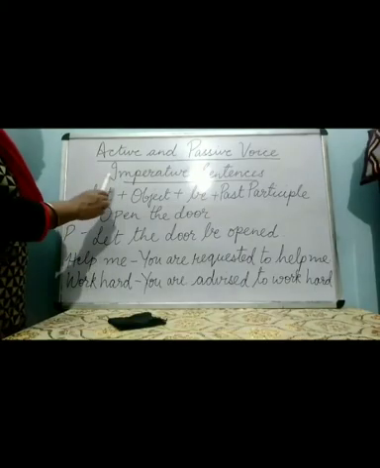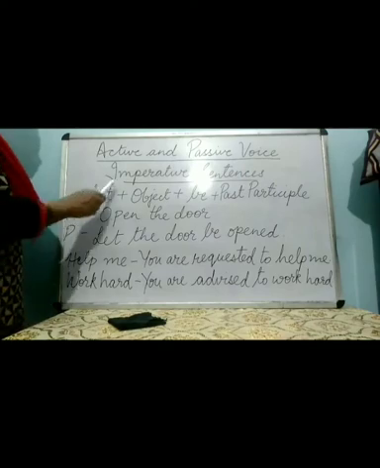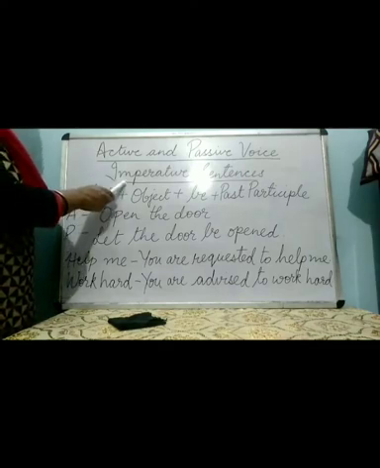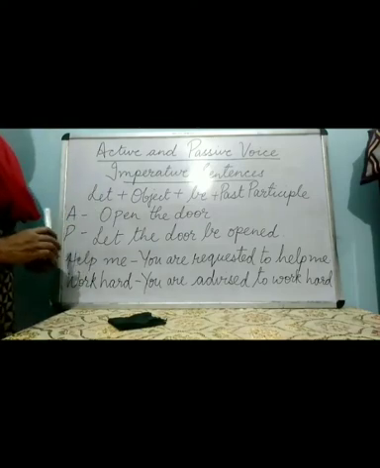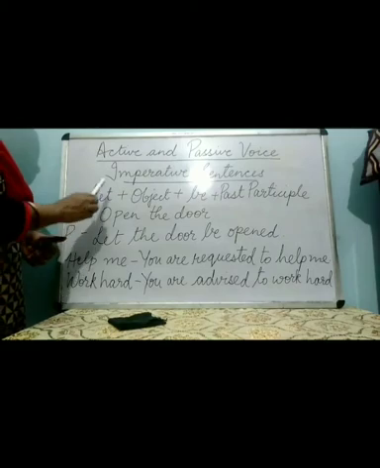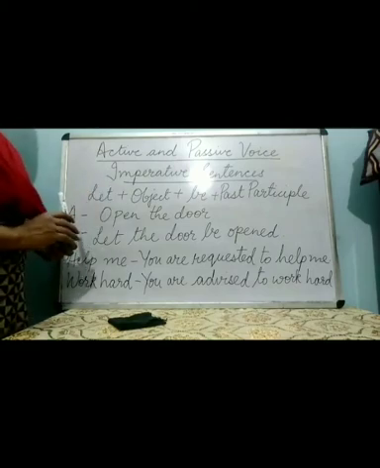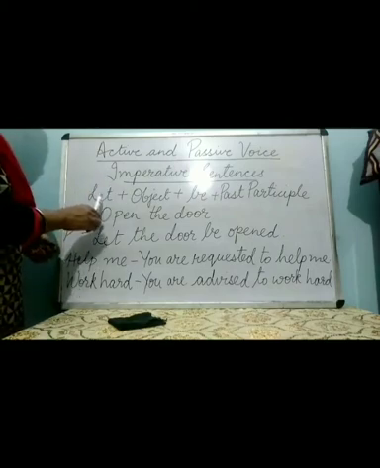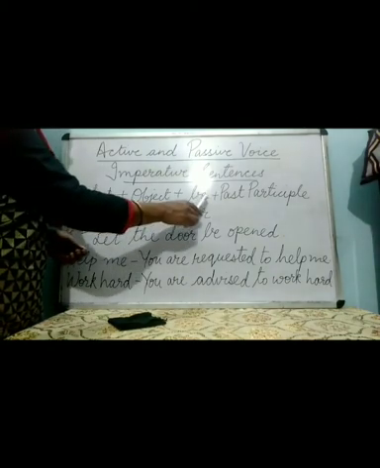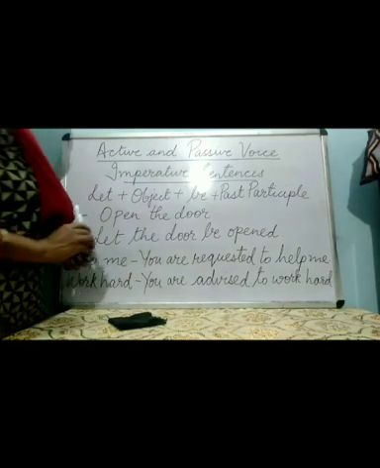Now I will tell you the rules related to imperative sentences. Imperative sentences are those sentences which express command, order or request. An imperative sentence can be changed in the following form. Here I have written let plus object plus be plus the past participle of the verb.